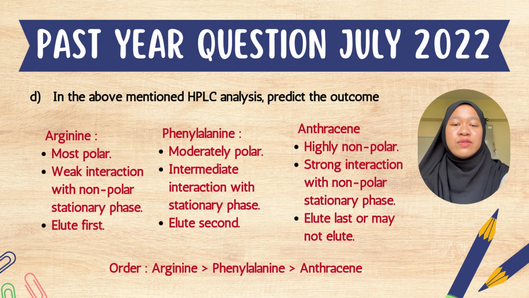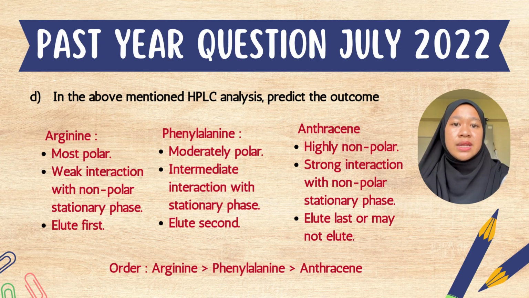Okay, now we move to question D, which is the last question. The question is, in the above mentioned HPLC analysis, predict the outcome. Arginine is a polar compound due to its amino and guanidino groups. In reverse phase HPLC, it will have weaker interactions with the non-polar stationary phase and will elute relatively early. The second one is phenylalanine.